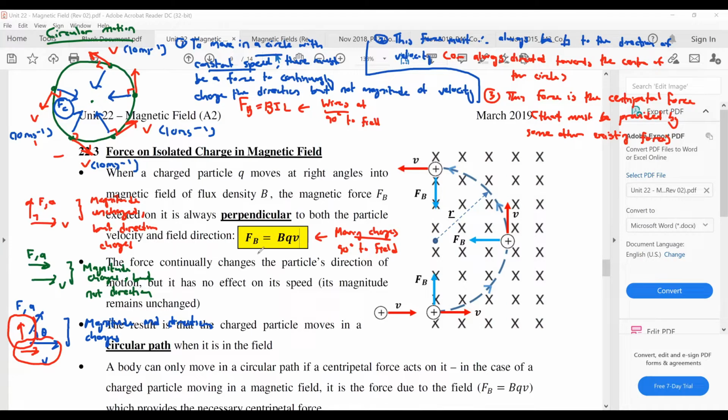Okay, so now how does this relate to your charge moving in a circle? It's because of your Fleming's left hand rule. Remember, your Fleming's left hand rule was this one here. Where the thumb is FB, your magnetic force, the index finger is your magnetic field, and your I is your current.